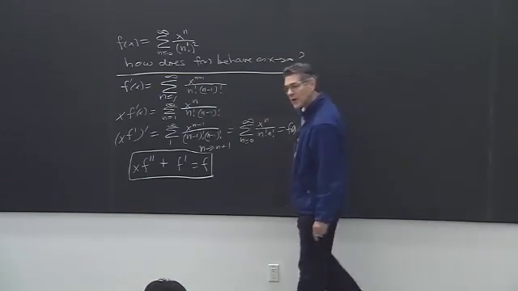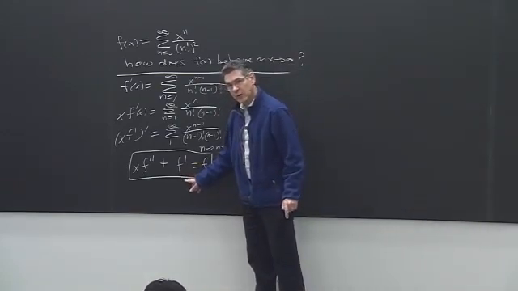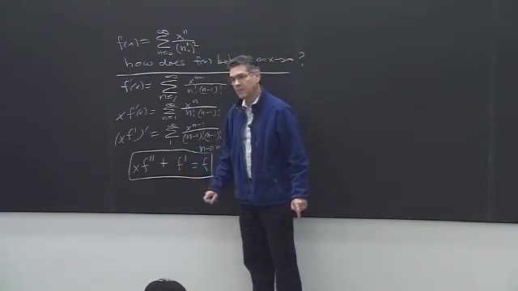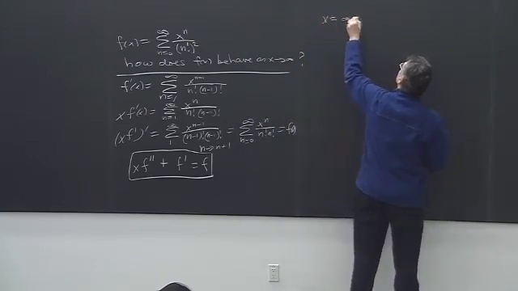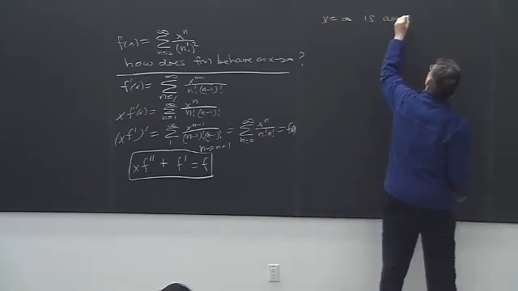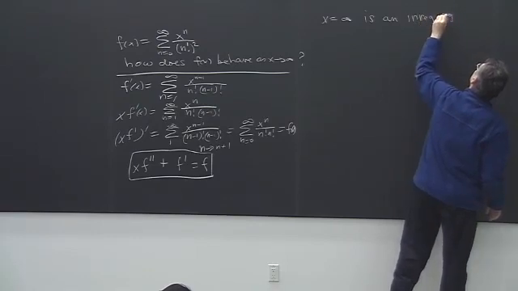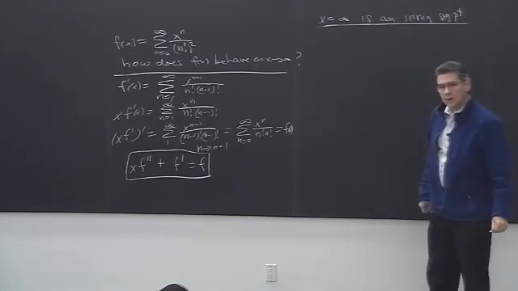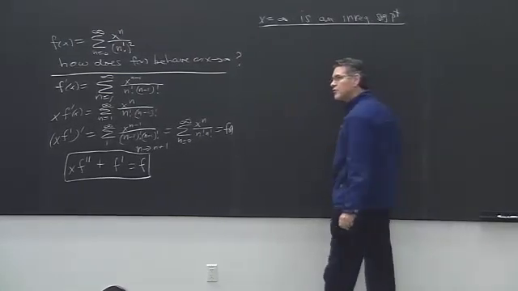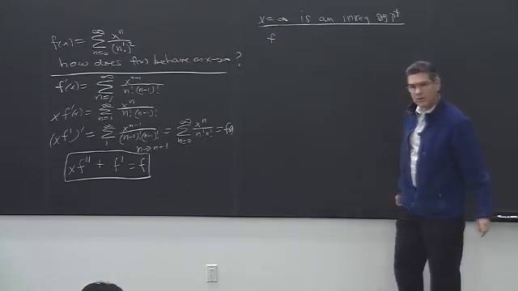So what we need to know is, what is the behavior of the solution to this equation as x goes to infinity? But x equals infinity is an irregular singular point. So we would like to do what Mr. Green told us to do.